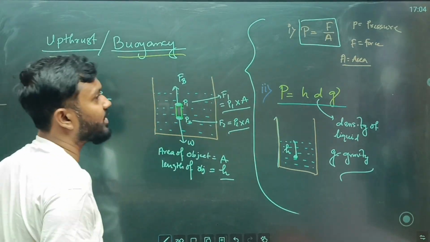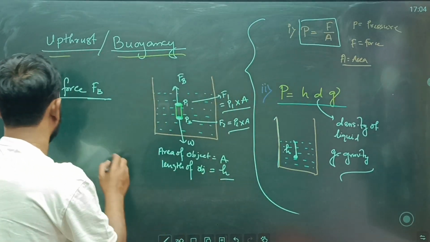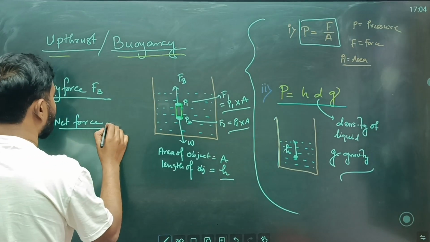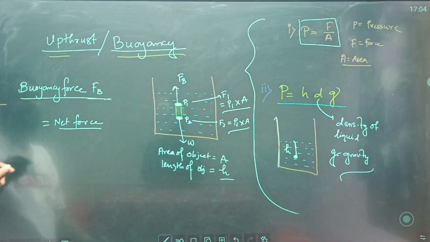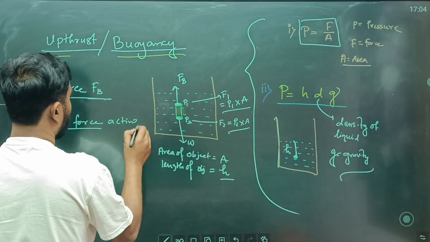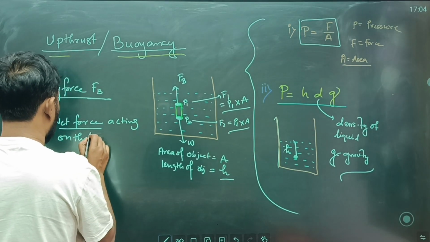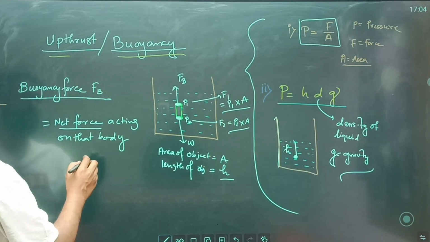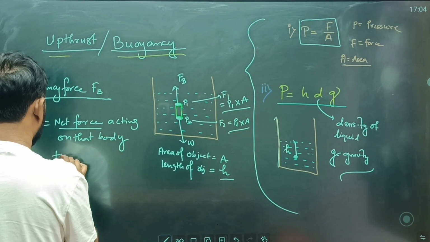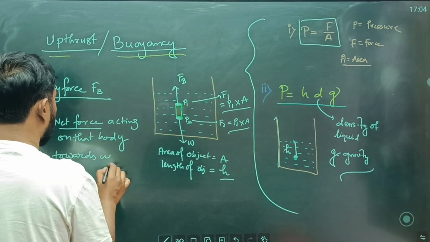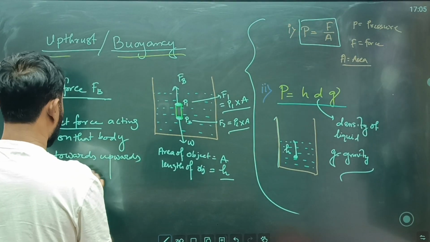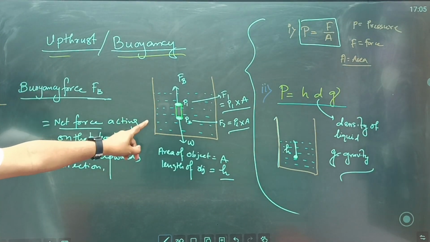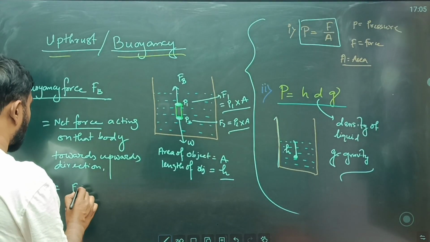So the buoyancy force is equal to the net force acting on the body in the upward direction. The net force is F2 minus F1.